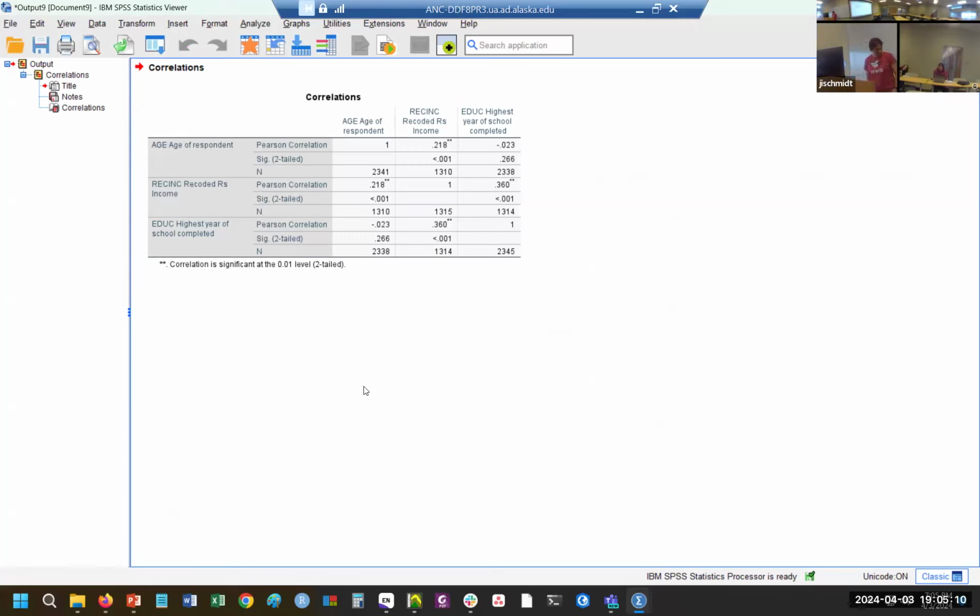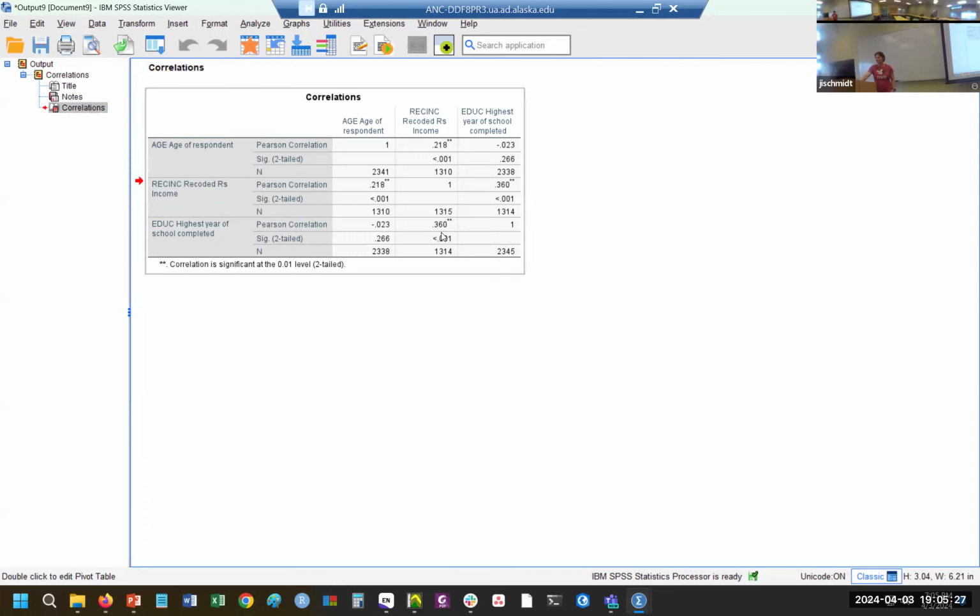Is education related to income? Yes. Is it stronger or weaker than age? Stronger, much stronger. You can see the value is 0.36 versus the age was 0.218.